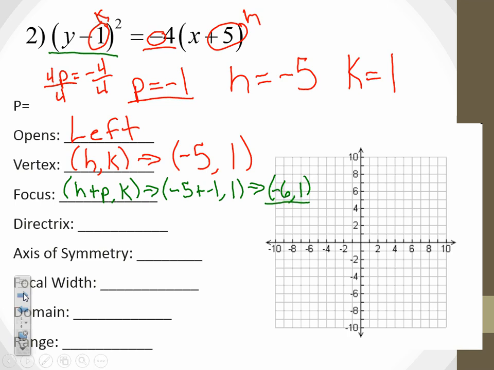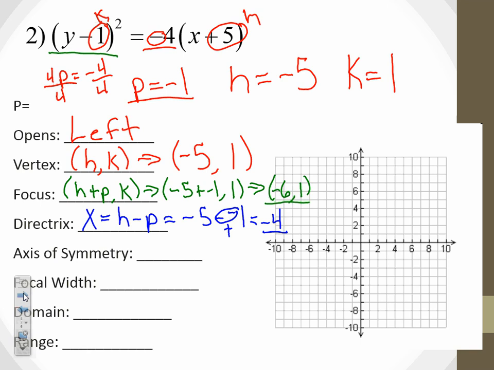Our directrix for this one is x equals h minus p. Our h for this one is negative 5 minus a negative 1. This turns into a positive, equals negative 4.